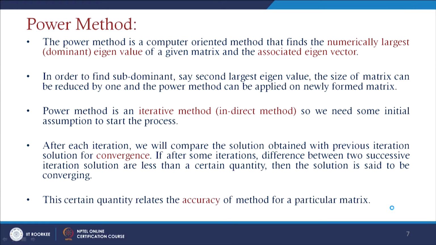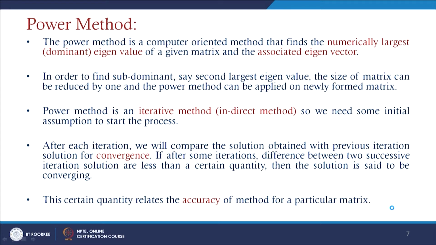In order to find the subdominant, say second largest eigenvalue, the size of the matrix can be reduced by 1 and the power method can be applied on the newly formed matrix. The power method is an iterative method, and it is also a costly method, and we need initial assumptions to start the process.